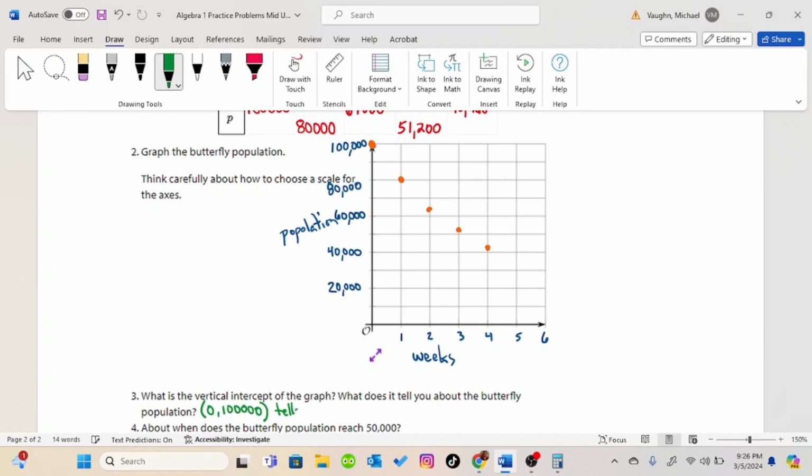Tells us the starting population was 100,000 butterflies.